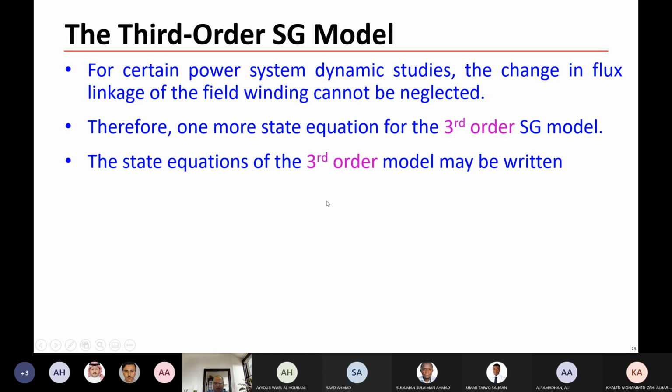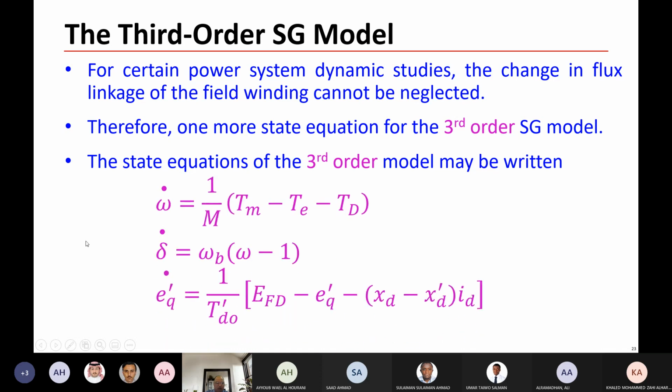The state equations of the third order model may be written as the first, the second as usual, and the third equation, Eq prime dot, equal to 1 over the time constant multiplied by Efd, which is the field voltage, minus Eq prime, minus (Xd minus Xd prime) Id.